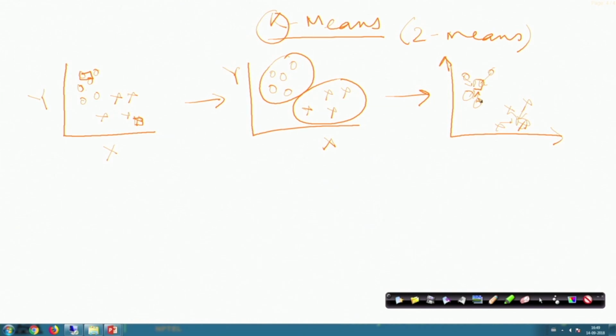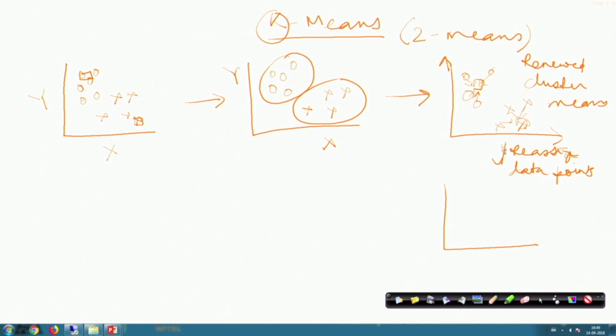So, we will have the renewed cluster means, right, and thereafter we reassign the data points and we get these, sorry, these will be the cross ones.